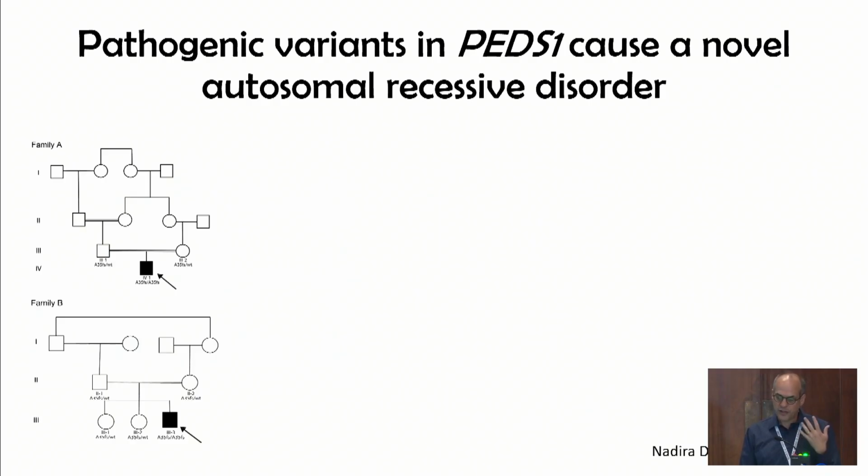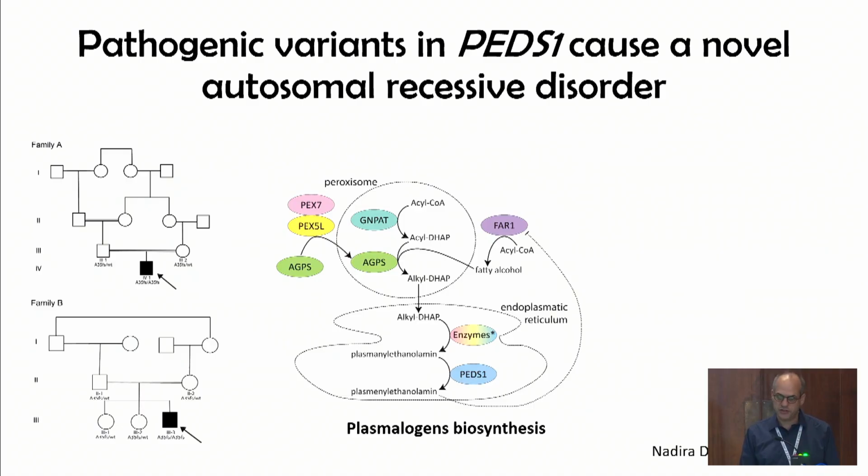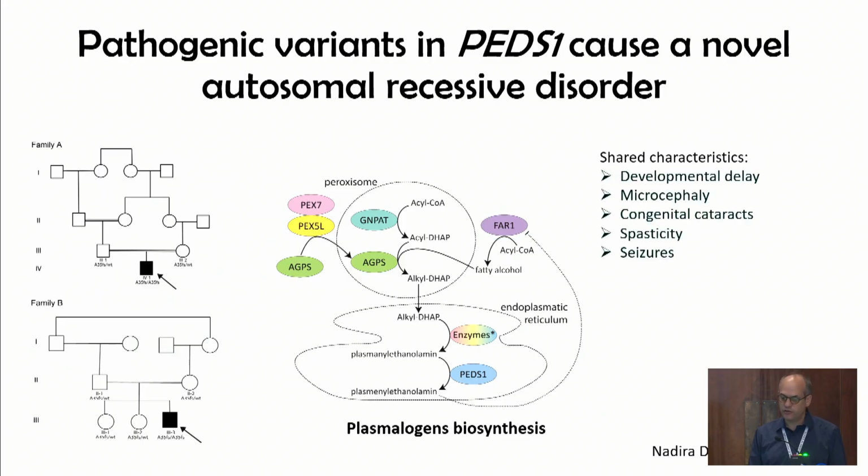PEDS1 is part of a known pathway of plasmalogen biosynthesis. All the genes that I'm showing you here from this pathway are known to also cause neurodevelopmental disorders, and we see shared phenotypes that include developmental delay, microcephaly, congenital cataract, spasticity, and seizures.